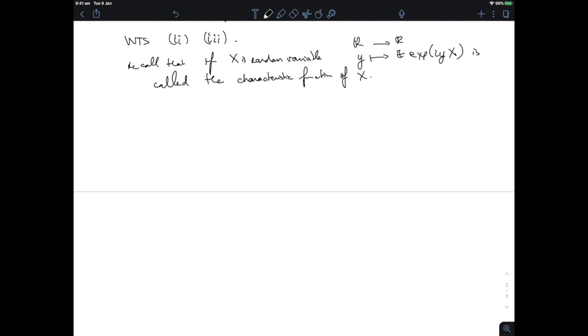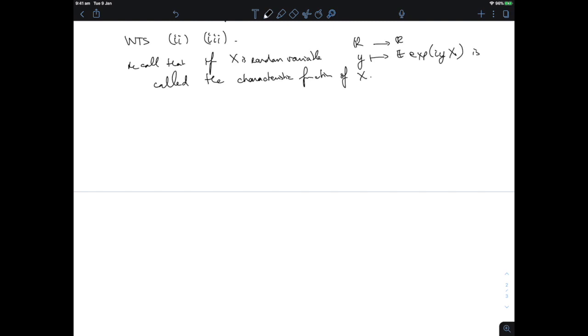What we have here is just the probabilistic version of the Fourier transform, and inverting that gives you your function back. So you might have to take it for granted, if you haven't seen a proof, that the probability distribution of the random variable can be recovered from the knowledge of its characteristic function.